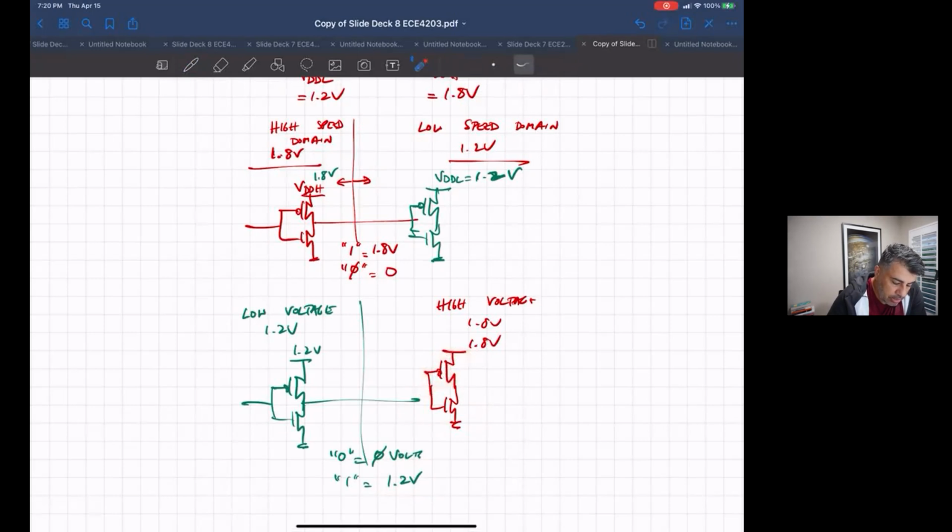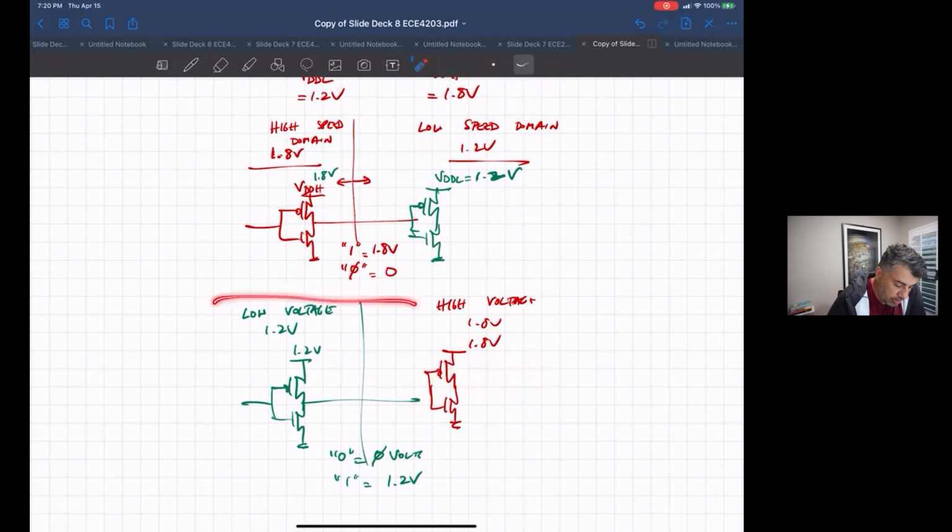Depending on the threshold of this PMOS, it might still be on when you have a 1 here. So you'll have an NMOS that's on and a PMOS that's also on, and you'll end up getting some indeterminate value here because this hasn't turned off when the input is a 1.